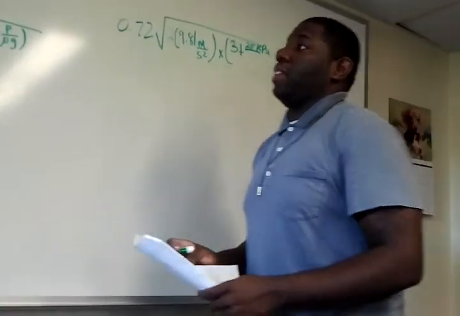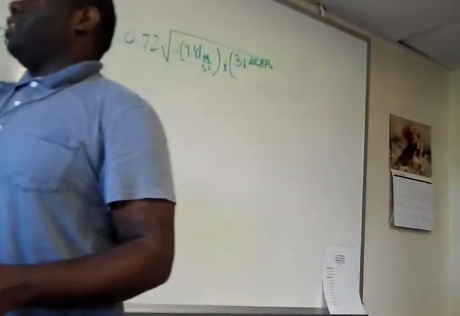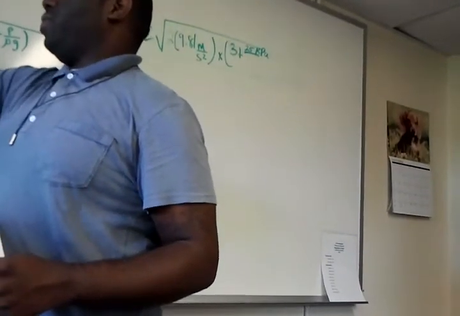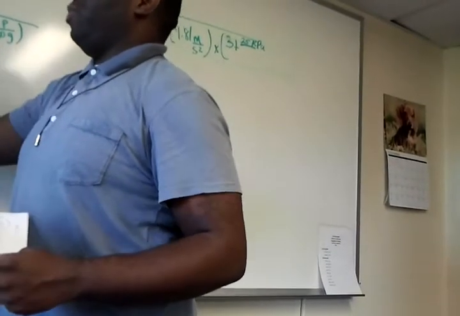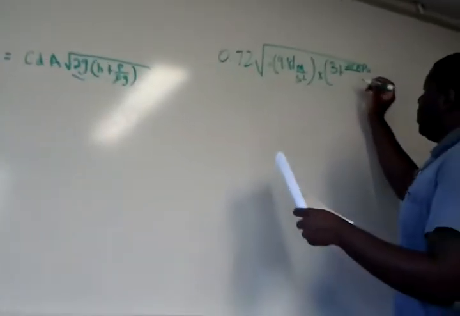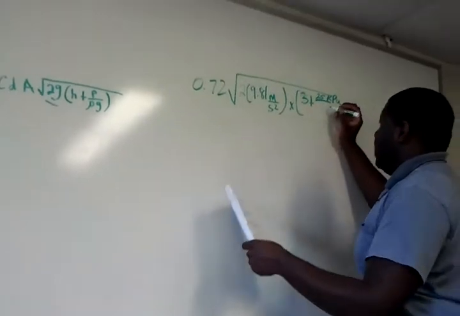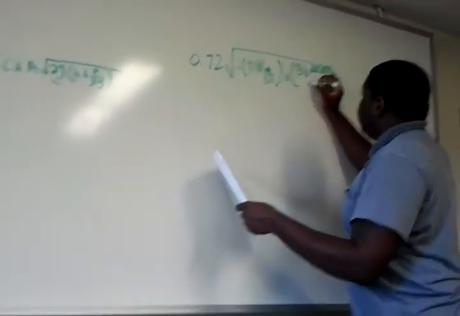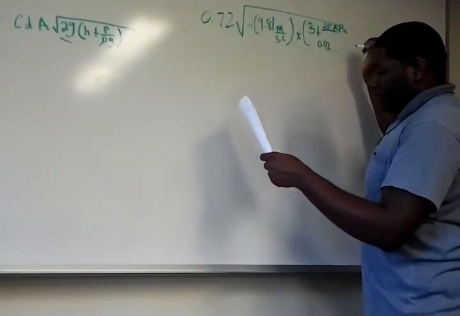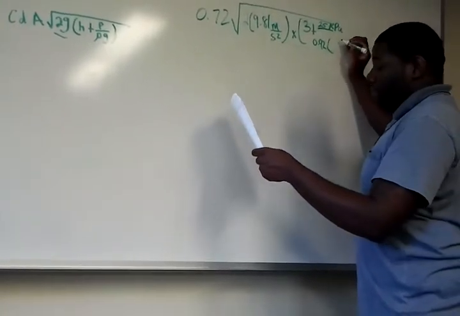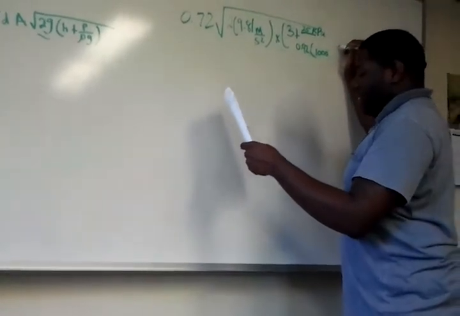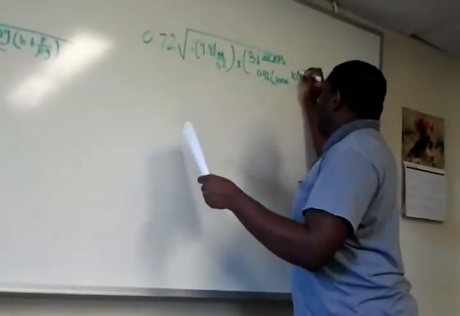We find density from the specific gravity of the oil as it flows through the jet. Our density is equal to the specific gravity, 0.92, times 1,000 kPa.